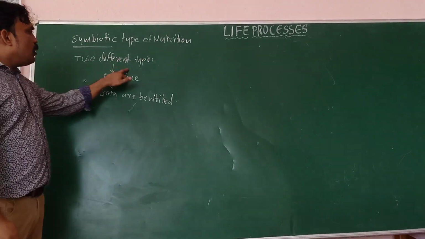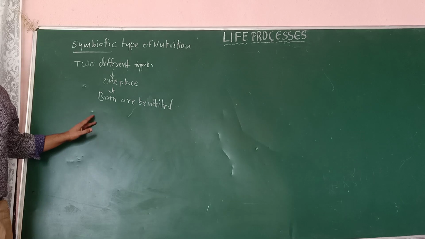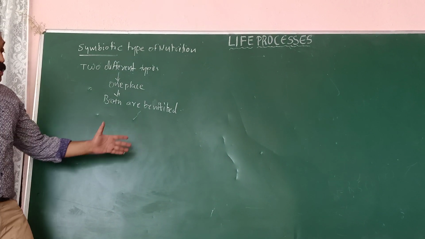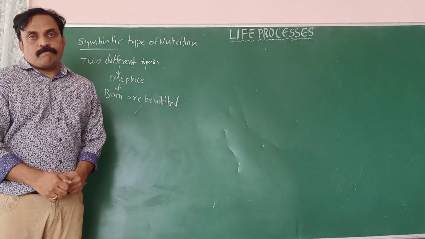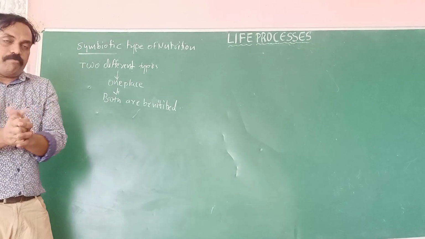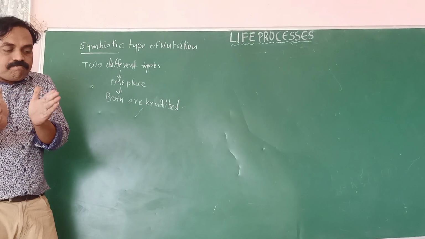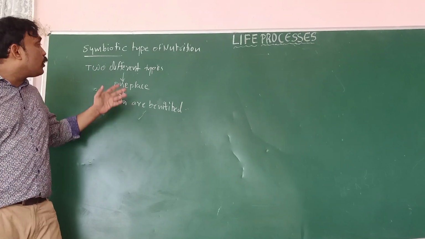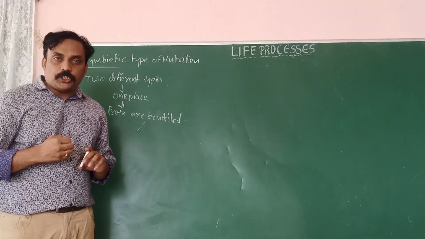Here there are two different types of living organisms, not the same type, living in one place, and both organisms are benefited. That type of living, that type of nutrition, we can call symbiotic mode of nutrition.